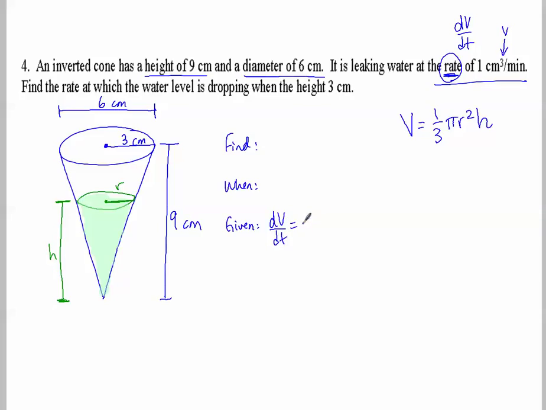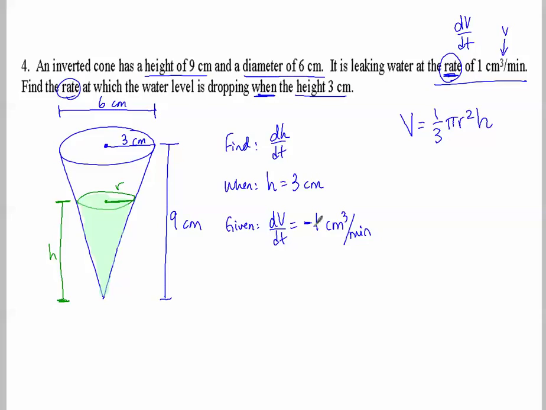Now it's leaking, which means the water is going down, so it's a negative rate, -1 cubic centimeters per minute. Find the rate at which the water level is dropping. That's the rate that the height is changing, so find dH dt when the height is 3 centimeters.